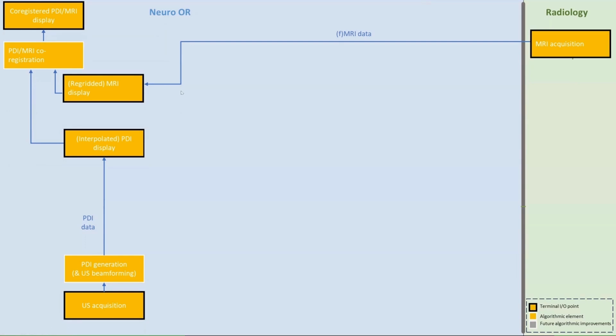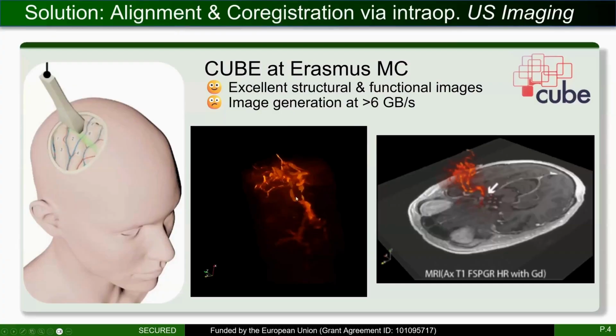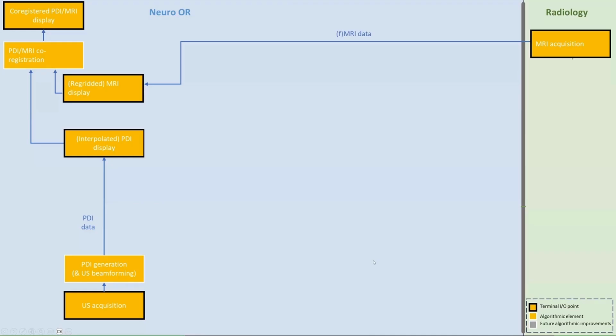So this is the current setup we have, right? We have the neuro OR on the left, and we have the radiology department on the right. And if you notice at the bottom left part of the drawing, we have the so-called PDI data. This is power Doppler images. It's what I just showed you in the previous slide. So this nice orange hue, artificially colored images, is basically power Doppler images of ultrasound. It's processed ultrasound.